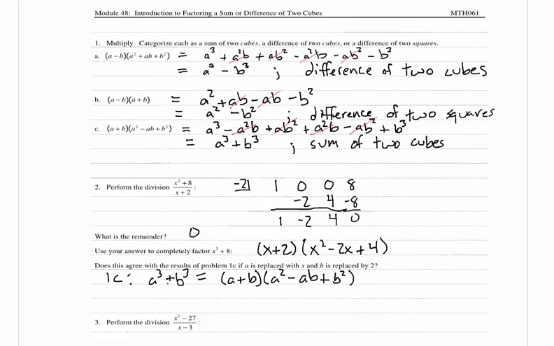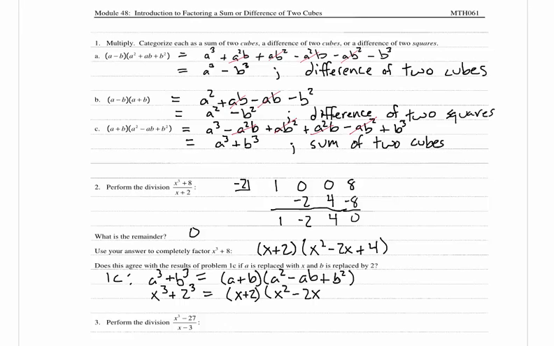And then if we were to replace a with x, we would have x cubed plus, if we replace b by 2, we'd have 2 cubed. And this is equal to x plus 2 times a squared, which is x squared, minus ab, which would be 2x, and b squared.